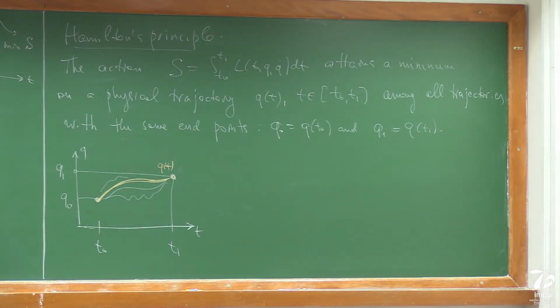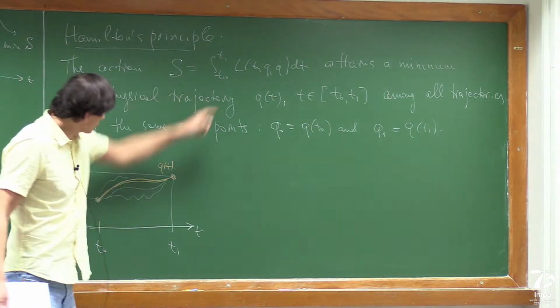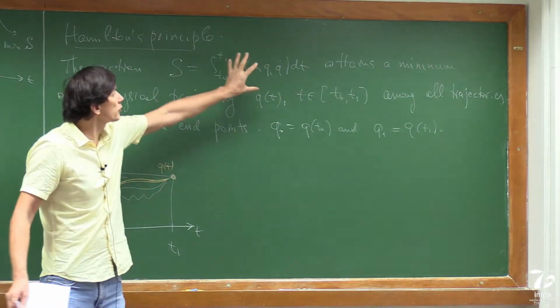So you can compare this integral for all different trajectories which have the same ends, and the right one will give a minimum.